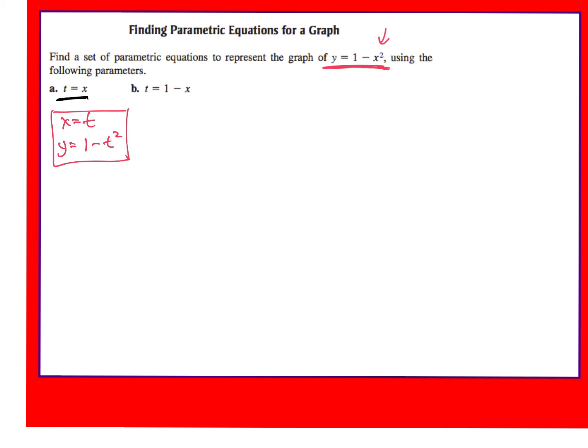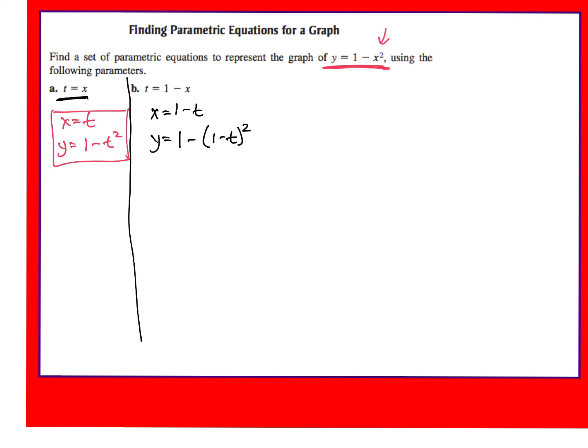So now I have t is equal to 1 minus x. All right. So what does x equal? 1 minus t. All right, so we're halfway there. So now what am I going to substitute in for this x? 1 minus t. So now I end up having y is equal to 1 minus the quantity of 1 minus t squared.